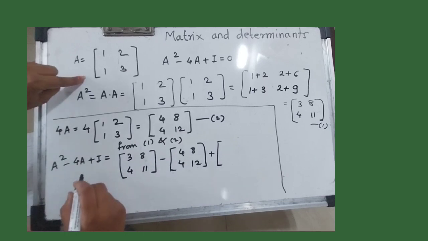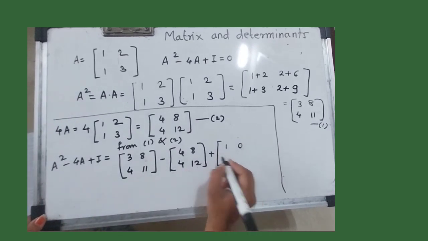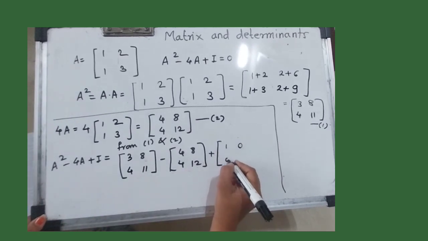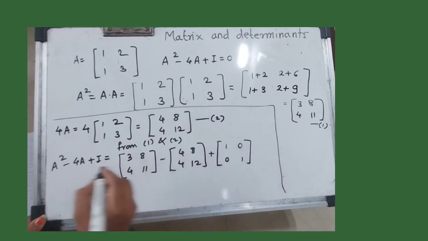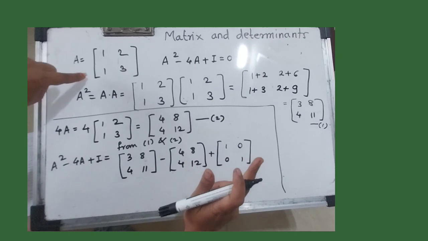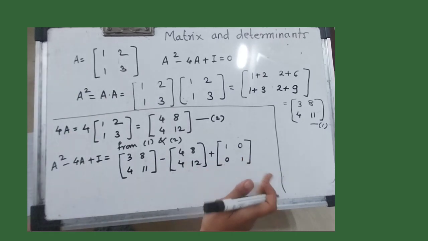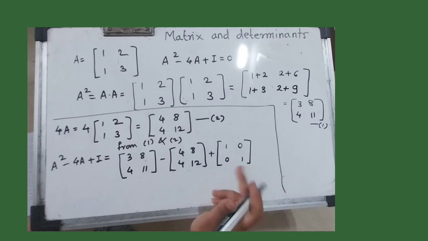They have given a 2 by 2 matrix, so write here the 2 by 2 identity matrix I2: 1, 0, 0, 1. If they give a 3 by 3 matrix, I write 1, 0, 0, 0, 1, 0, 0, 0, 1.